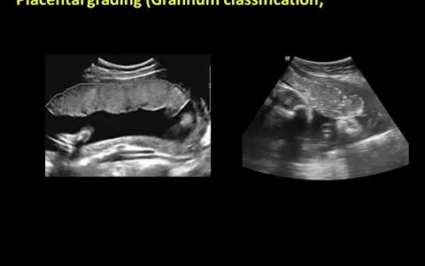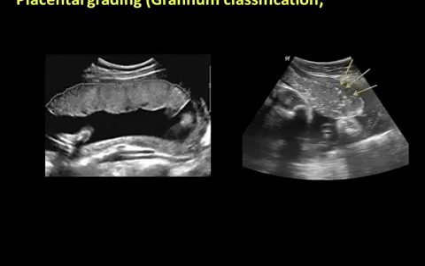In the first 2/3 of gestation, the calcium deposition is microscopic. After 33 weeks, more than half of placentas have macroscopic calcifications which then increase till term. Placental calcium deposits are detected sonographically as echogenic foci.